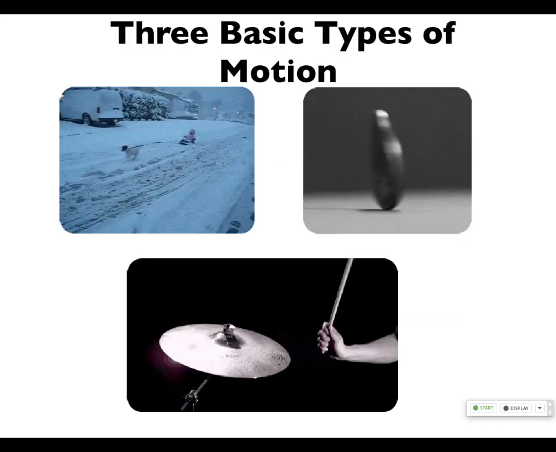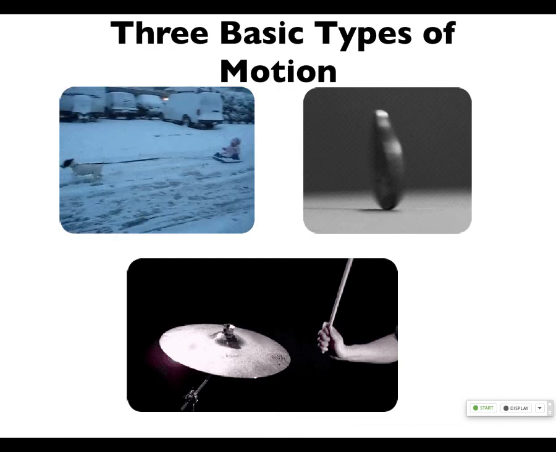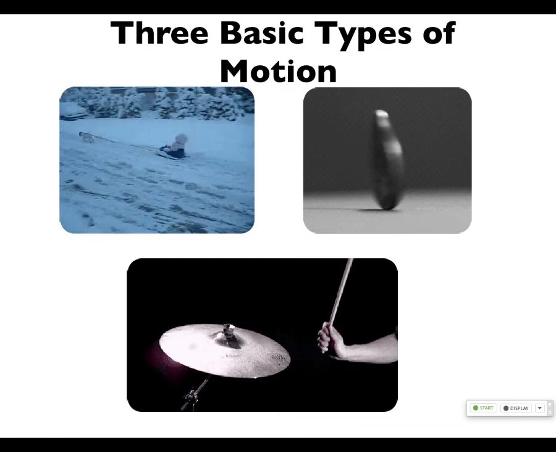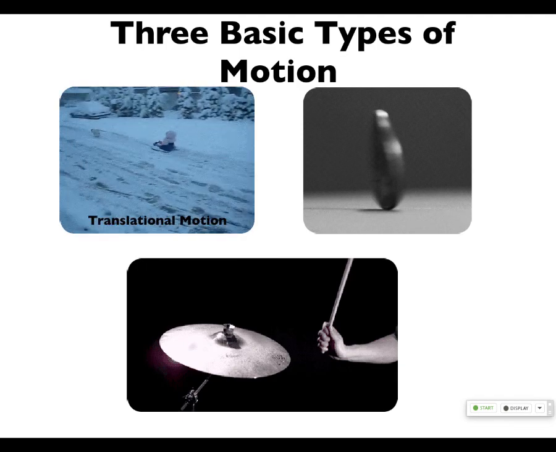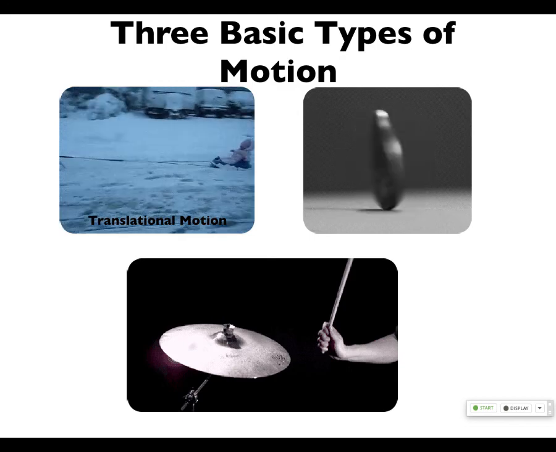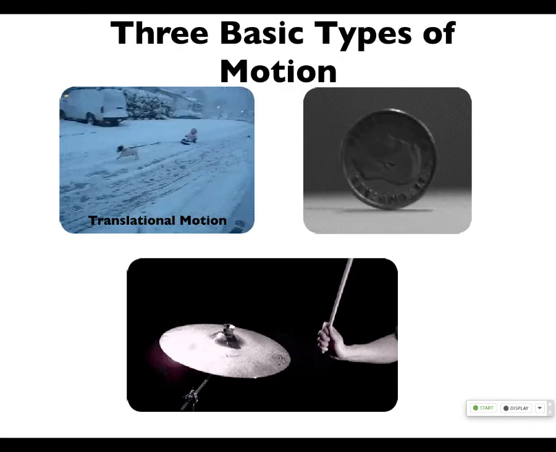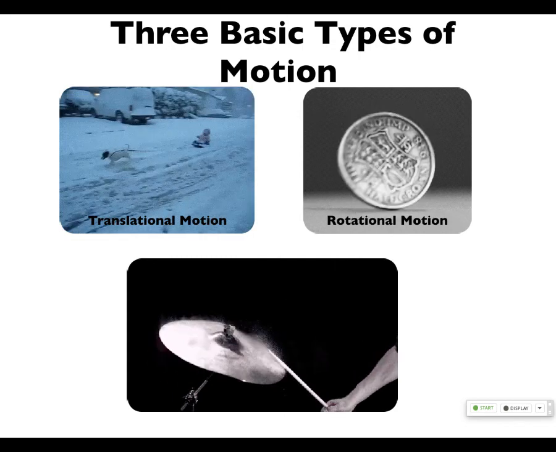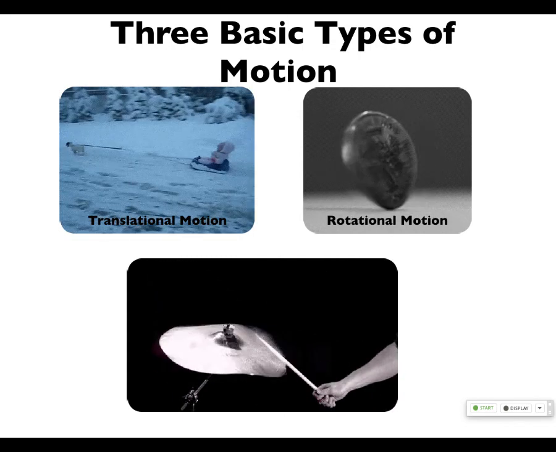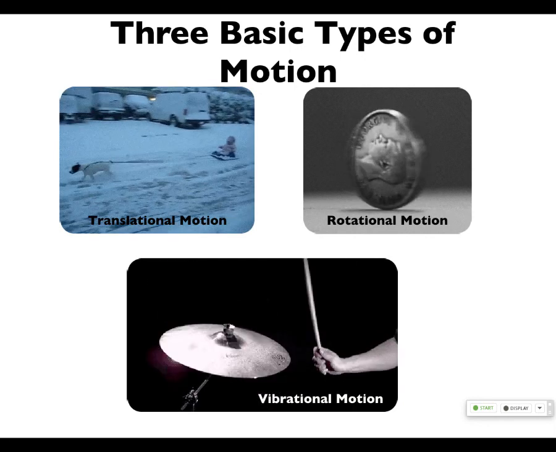So there's 3 basic types of motion. We have translational motion. That's basically just moving in a straight line. We have rotational motion, which is stuff that spins or pivots around a point. And then we have vibrational motion, and that's just stuff that jiggles. So those are our 3 basic types.